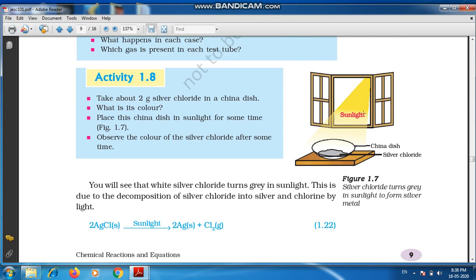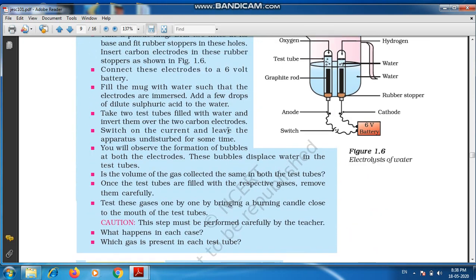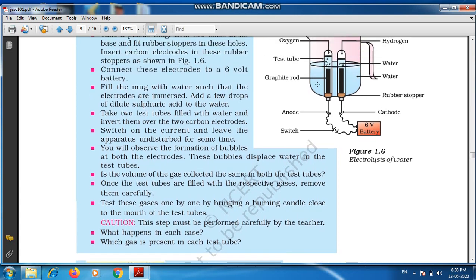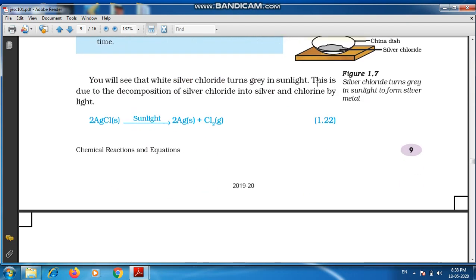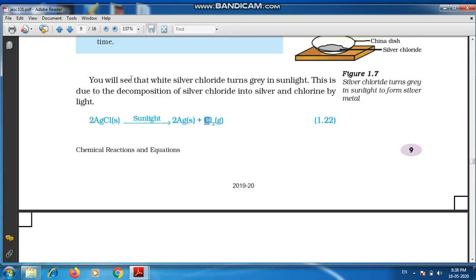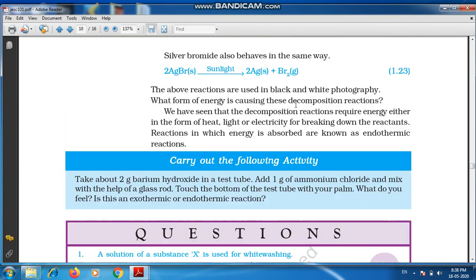In the electrolysis activity, the electrolysis takes place in the water. This is also called a voltaic cell. Fine, just have a look: 2AgCl in presence of sunlight gives 2Ag plus Cl2. Note this objective question: the white silver chloride turns grey in the sunlight. This is due to decomposition of silver chloride into silver and chlorine.